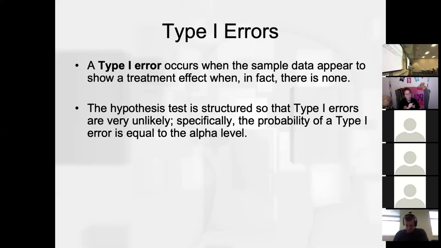And we'll go over that in just a second. But if we set our alpha level at 0.05, that means, more or less, it doesn't actually work out this way, but what it's supposed to mean is that 1 out of every 20 times we find a significant result, that's not a real result. It's just due to chance.